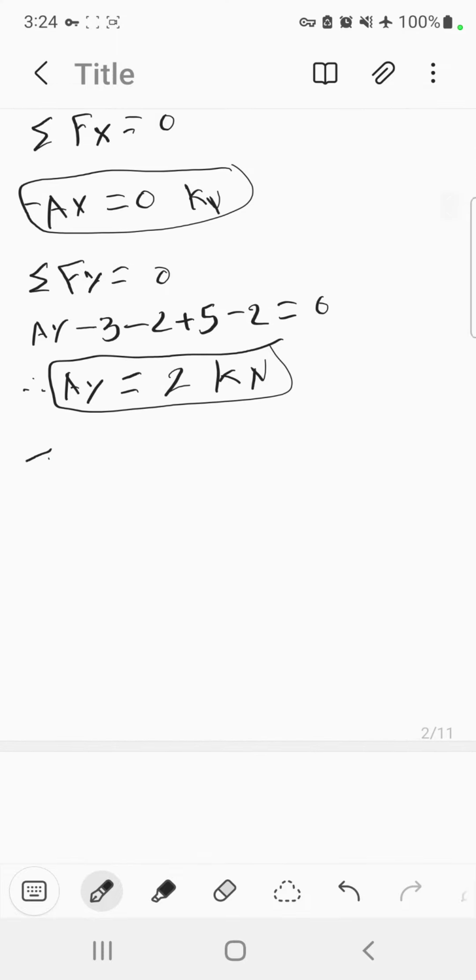Now the summation for moment at point A equal to 0.